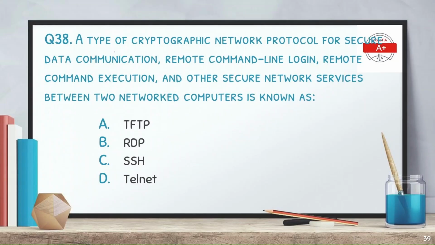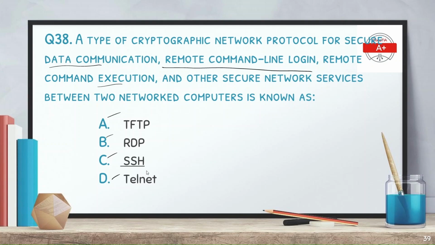Question number 38 is that a type of cryptographic network protocol for secure data communication, remote command line login, remote command execution, and other secure network services between two network computers is known as, and the options are A, TFTP, B, RDP, C, SSH, and D, Telnet.